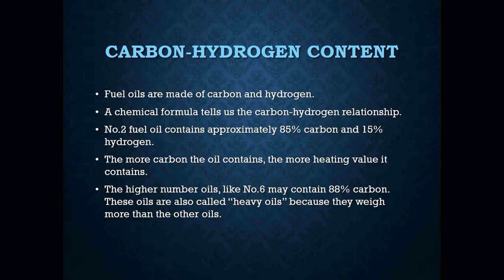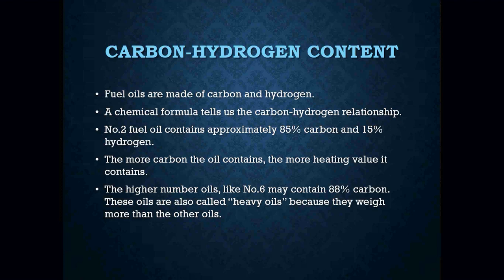The more carbon the oil contains, the more heating value it's going to contain. The carbon is what makes the oil heavy. The lighter that oil is, the less amount of BTUs it's going to be able to give off. The heavier it is, or the more carbon content it has, the more BTUs it's going to be able to give off. The higher number oils, like number 6, are going to have somewhere around 88% carbon.